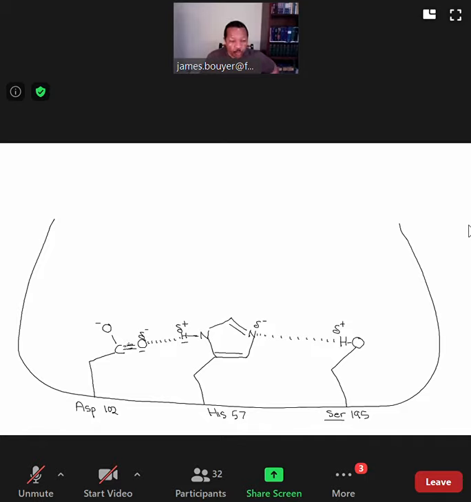This aspartic acid would not form a hydrogen bond with the other nitrogen, because this is partial negative on the nitrogen, and this is partial negative on the hydrogen. So the fact that this aspartic acid is here locks this histidine in this orientation, such that the side of histidine with the nitrogen and the hydrogen with the partial positive is facing this aspartic acid. So that's the stabilization of the active site based on hydrogen bonding, electrostatic interactions. Is everybody okay with that?